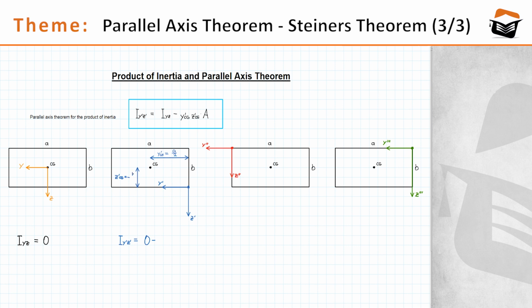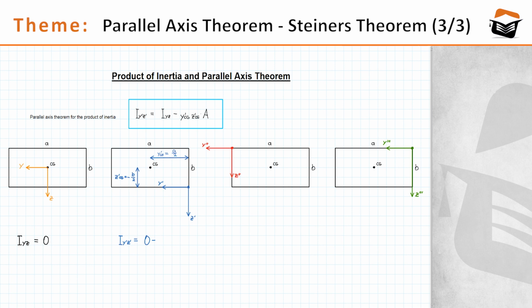And it is important to pay attention and take into account the algebraic signs for the product of inertia, unlike with the area moment of inertia, where the distance was squared. And if your distance was negative, the square turned it into a positive value. So it was not relevant for the area moments of inertia, but it is relevant for the product of inertia.